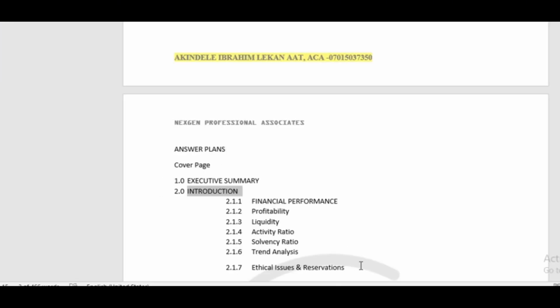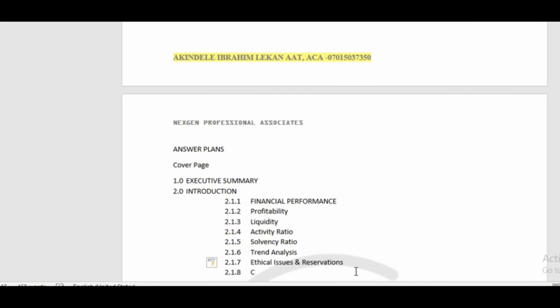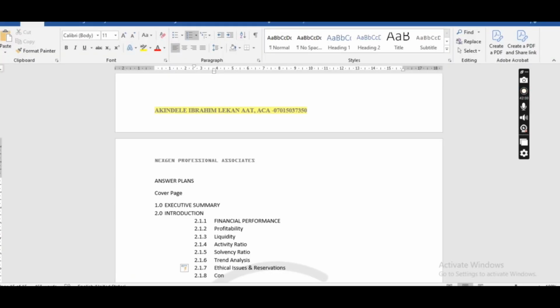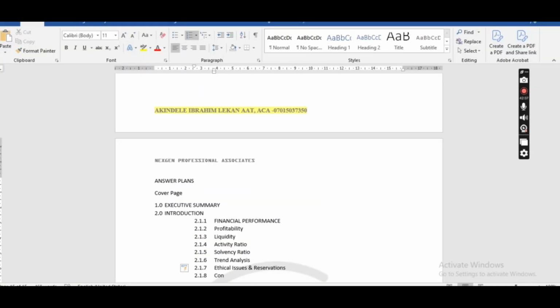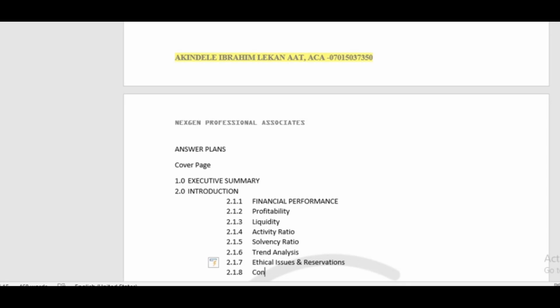So what next? You have your conclusions. Now I'm talking about ethical issues. What are the ethical issues? Ethical issues are those things that do not follow the relevant guidelines. You can talk about IAS 1 when you see a financial statement that does not follow the guidelines of IAS 1, for example the current year should come before the previous year. Also, an ethical issue is probably a company's shareholding not being displayed to the general public.